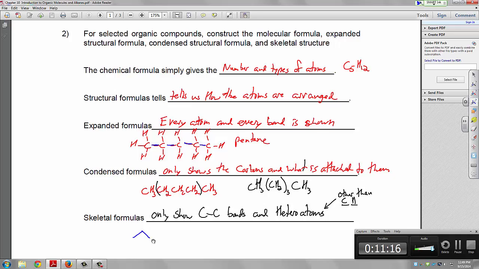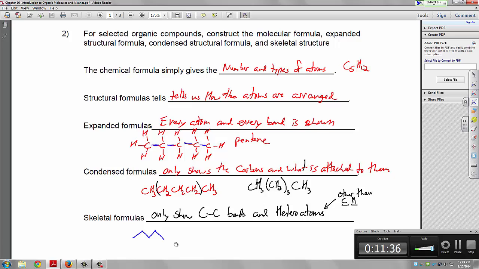We also have a carbon at each end. This first line I drew here was a carbon-carbon bond, so there's got to be a carbon down at this end as well. So this is 1, 2, 3, 4, 5. Looks like an M, right?